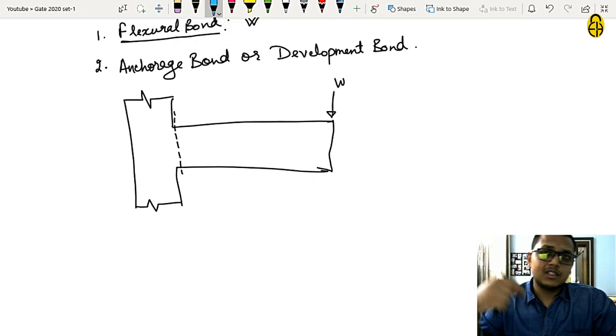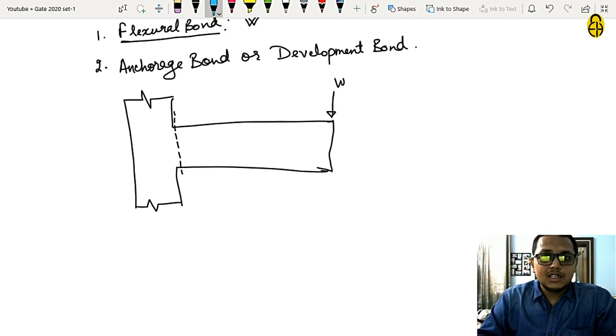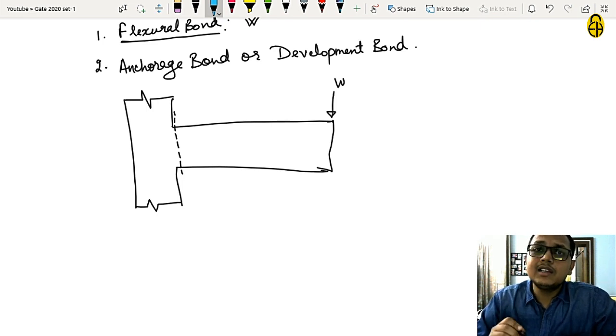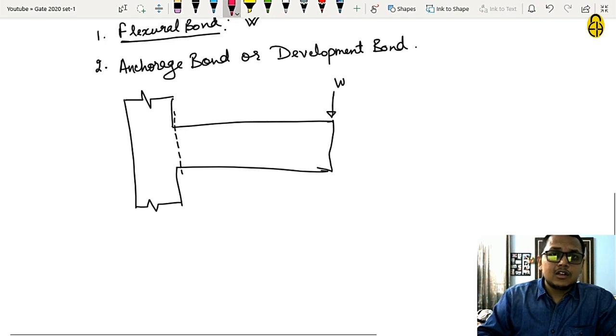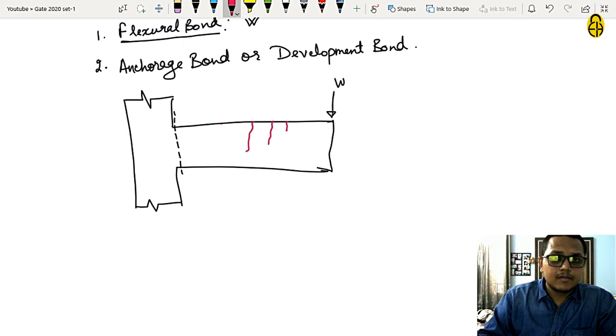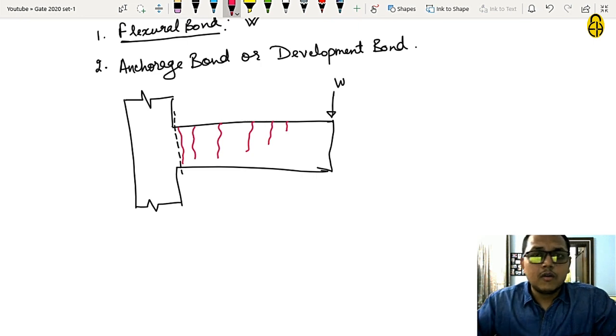Now because of this load W, we will get tensile force in the top fibers of the beam, due to which if the reinforcement is not provided, as we all know that concrete is weak in tension, we will get cracks in the top fibers of the beam.